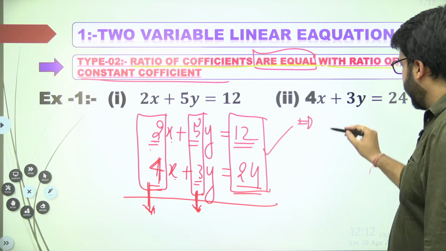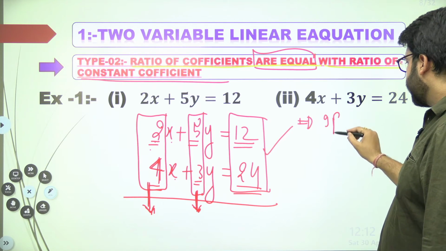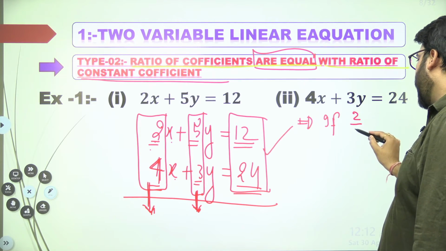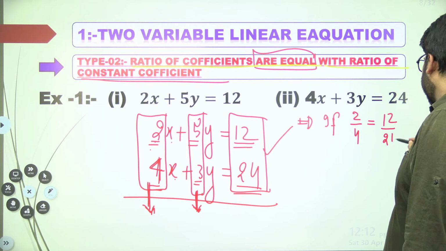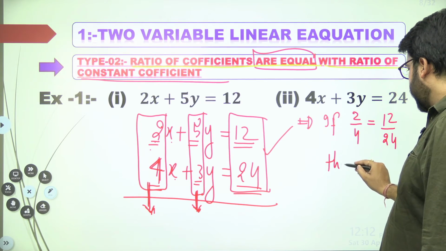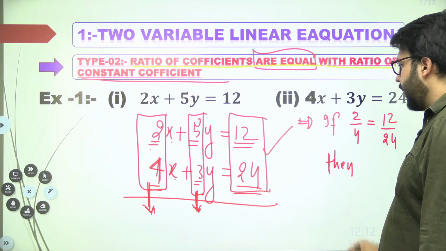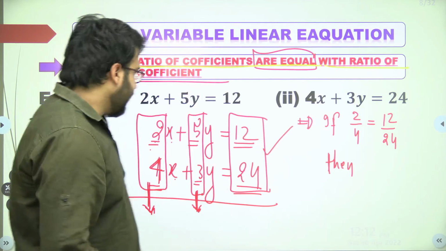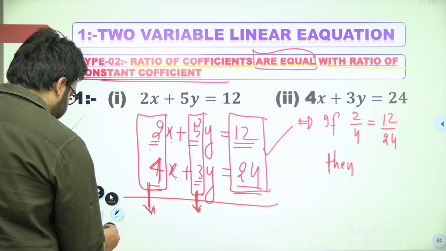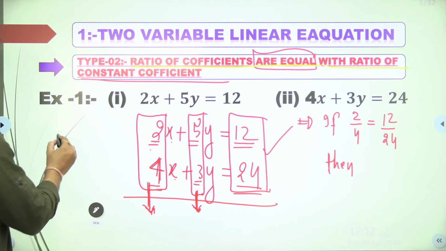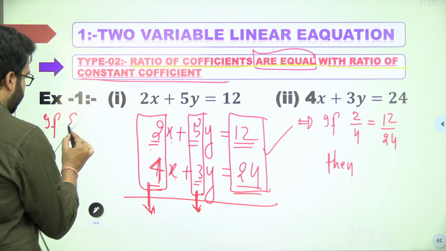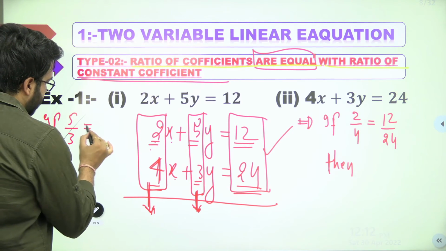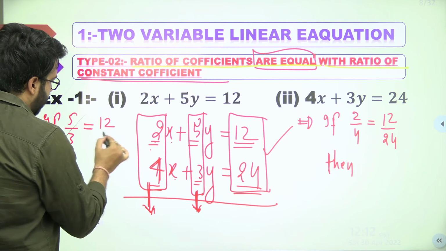Let us suppose if 2/4 will be equal to 12/24, then we have to understand what happened. And the second one is, if 5/3 equal to 12/24.